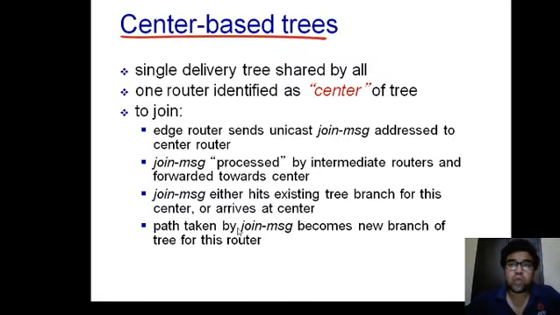Once you have a tree which is connecting only those routers present in the network which have the multicast group members, then you can easily send the information with the help of the class D multicast address which I told you at the start of this lecture. So that is how you are done with the multicasting process.